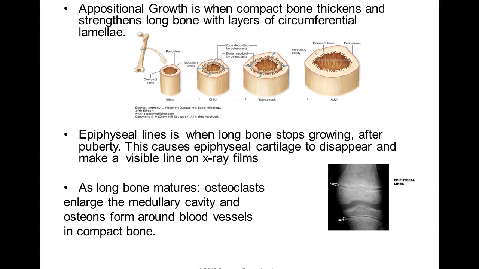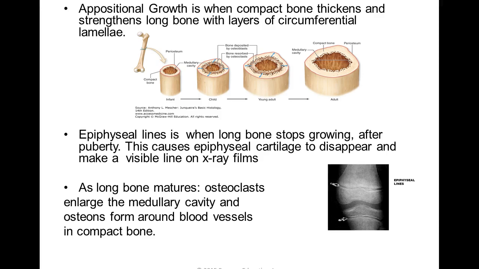These epiphyseal lines, as I talked about, are the lines that will show up on X-ray. You can see that here, where you have the space between the diaphysis and the epiphysis, and this would be the line that, until this individual became mature enough, say 25, since that's what we mentioned, would still have had cartilage, would still have those chondrocytes.